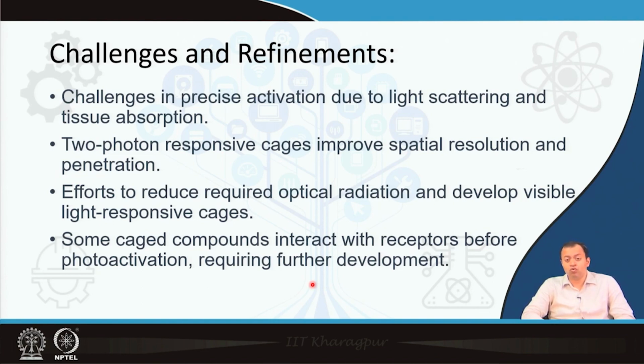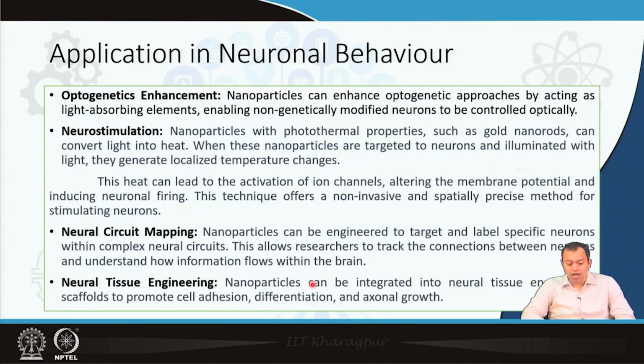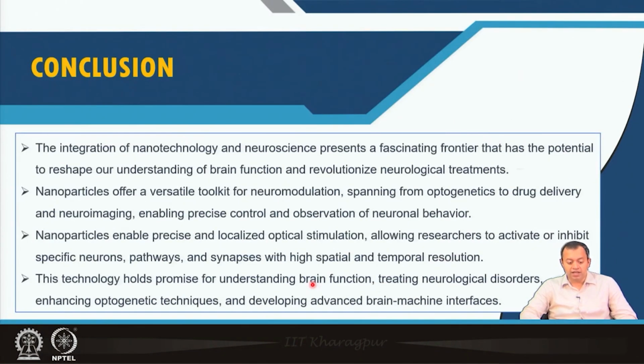Those of you who are from chemistry, biochemistry, or chemical engineering, I would recommend you take on these nanoparticles that modify neurons. There are 1001 applications: optogenetic enhancement, neurostimulation, neural circuit mapping and neural tissue engineering. Several of these are there, read them at your own leisure, and these are the conclusions.